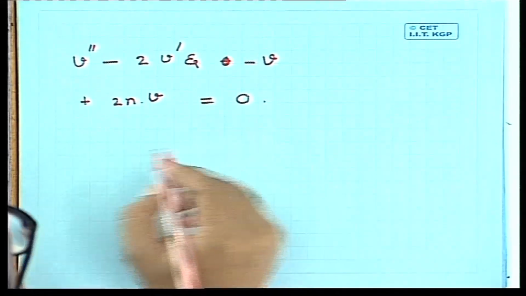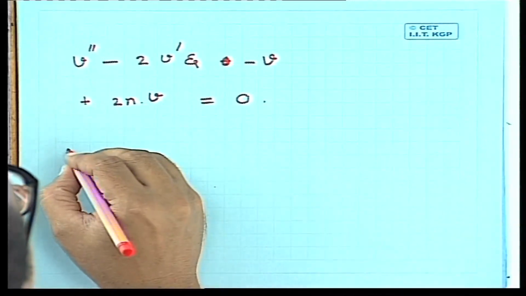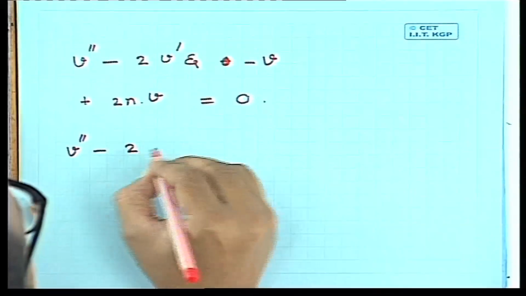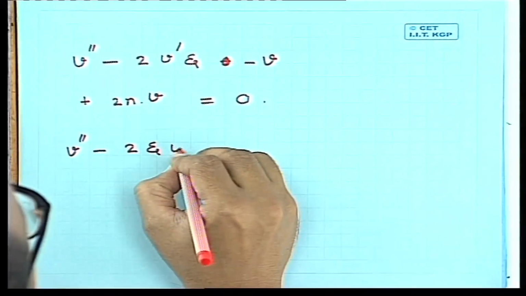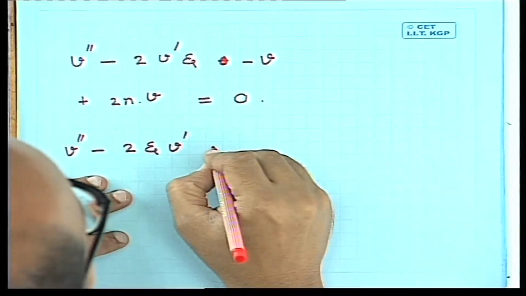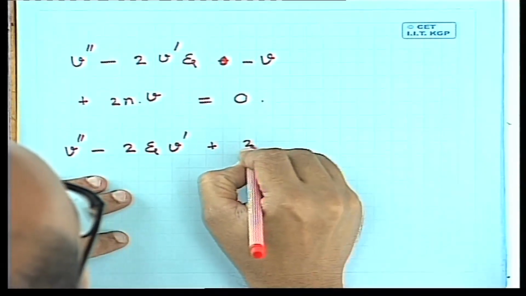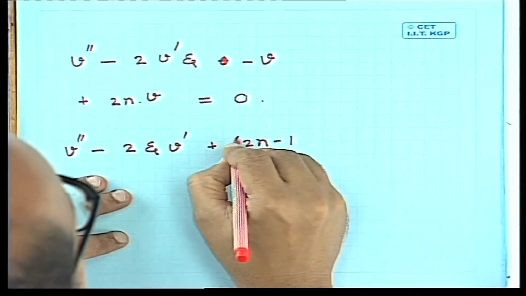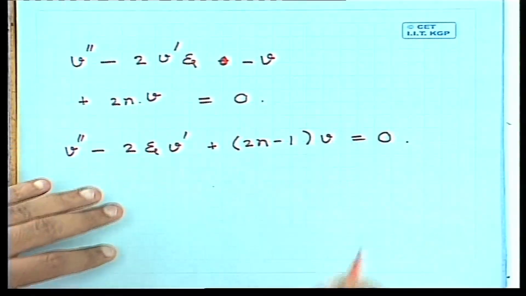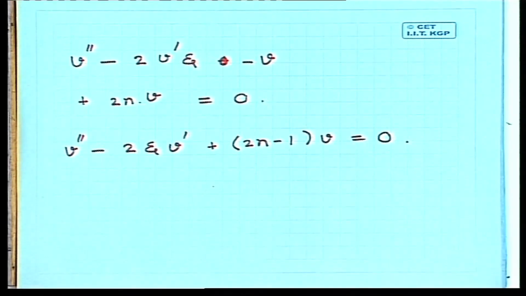Or we are left with this equation v double prime minus 2 xi v prime plus 2n minus 1 v is equal to 0. So this is the differential equation which the function v has to satisfy.